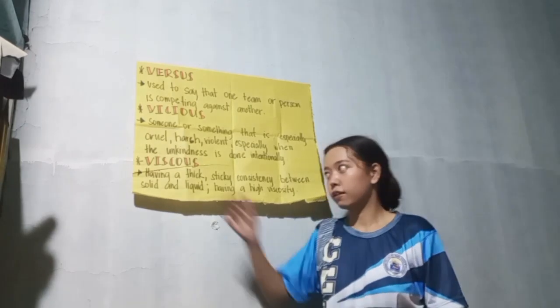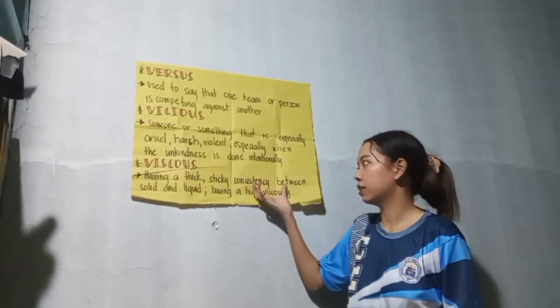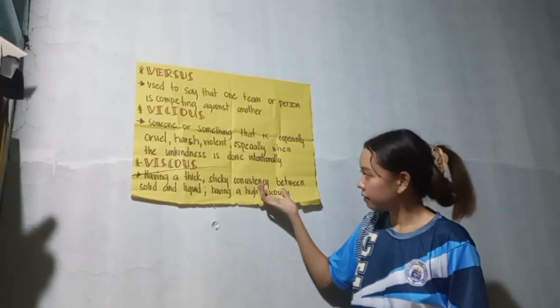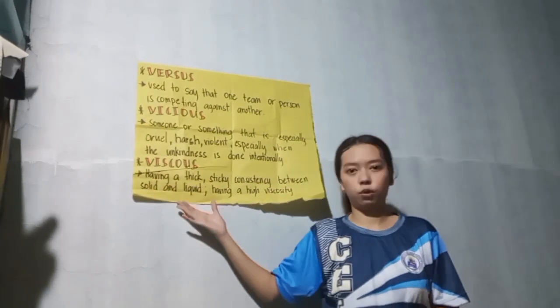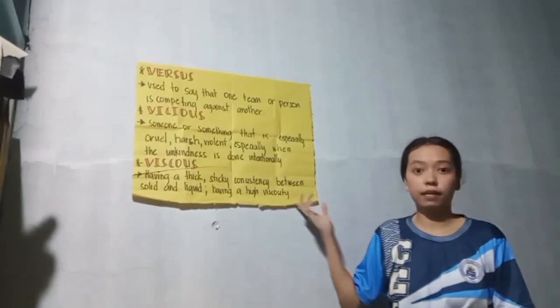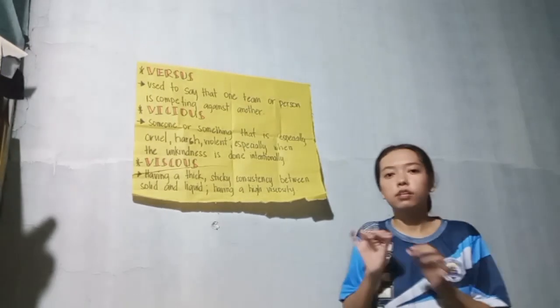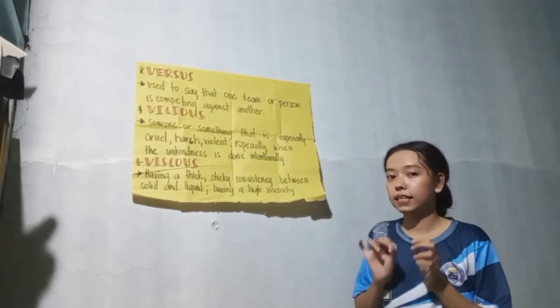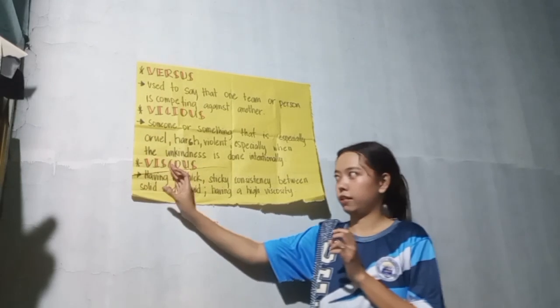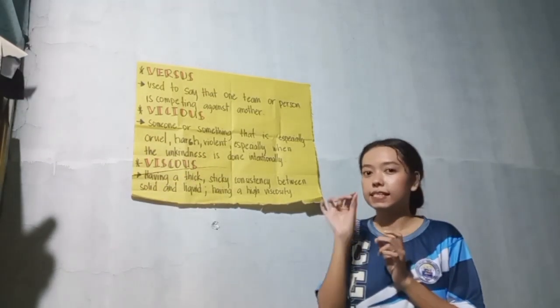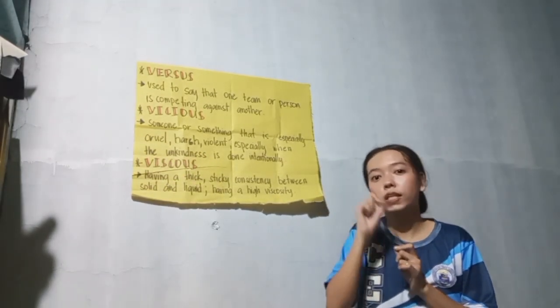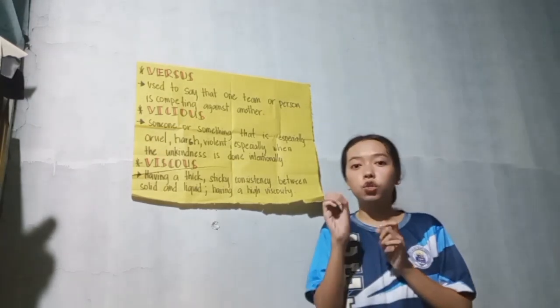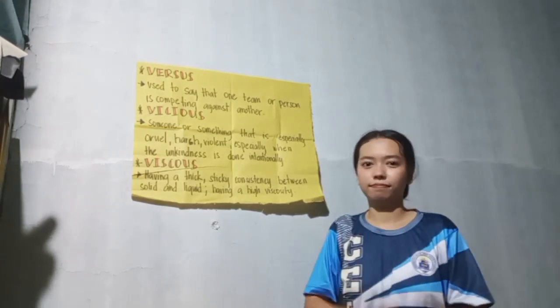Kasi yung lava, diba, meron siyang thick and sticky consistency between solid and liquid, having a high viscosity. So, diba yung lava is an example of viscosity. Yung thick and sticky consistency between solid and liquid, yun yung tinatawag na viscous. That's all.